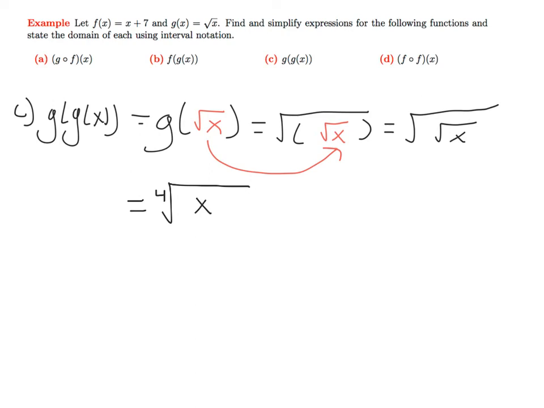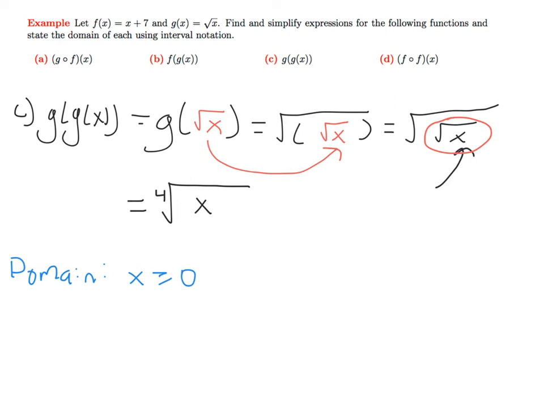And the domain here is we would take a look at x, which is going into the square root. And so again, if we want this thing to make sense, we need to make sure that what gets plugged into it is greater than or equal to 0. So for the domain in part C, first we need to make sure that x is greater than or equal to 0.